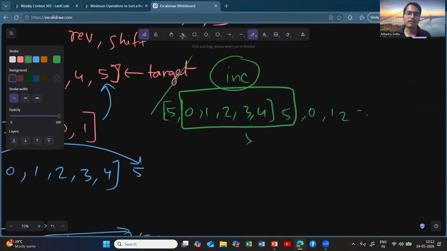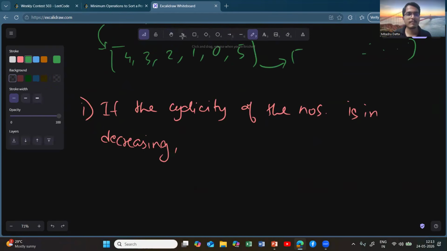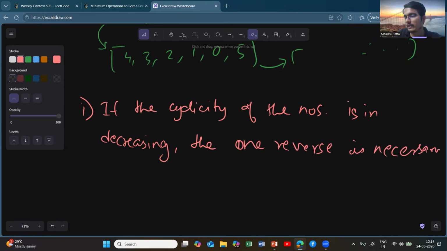So my observation was that if the cyclicity of the numbers in the array is decreasing, then one reverse is necessary, otherwise you cannot sort it ever. That is, one reverse or an odd number of reverses.